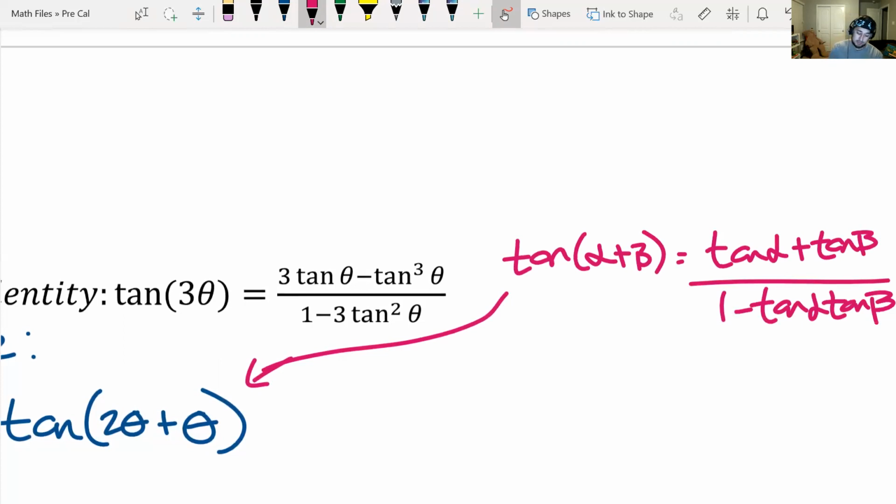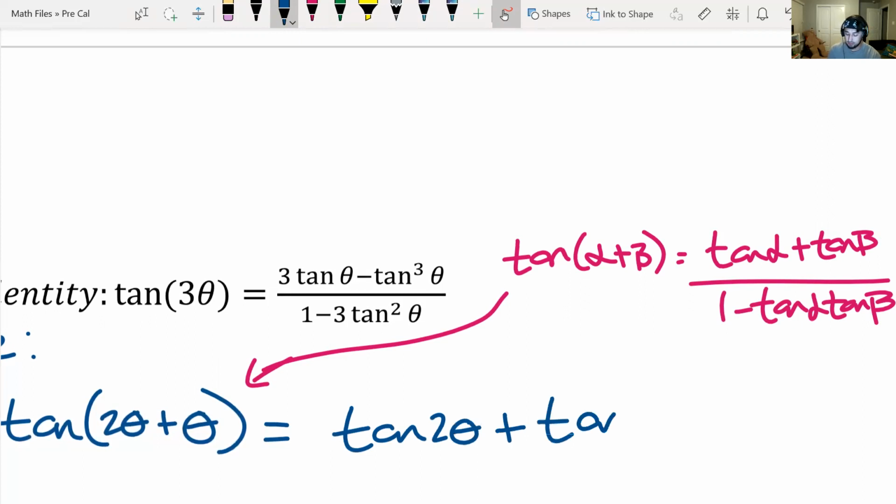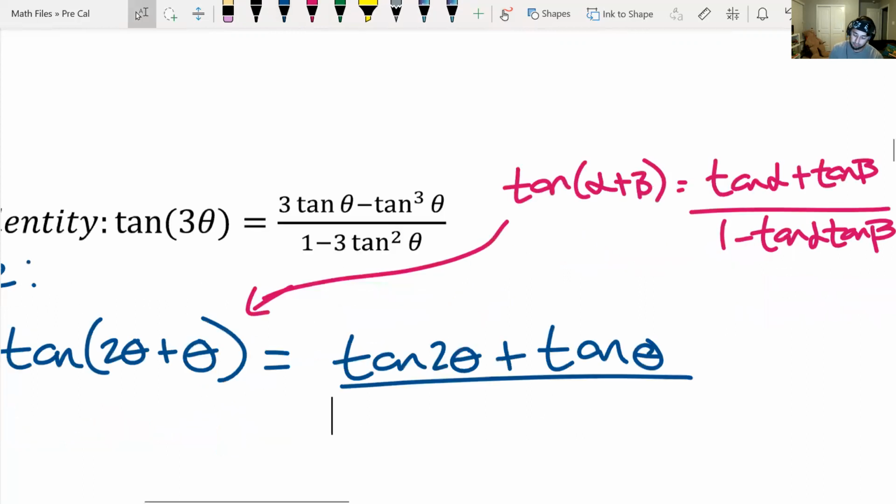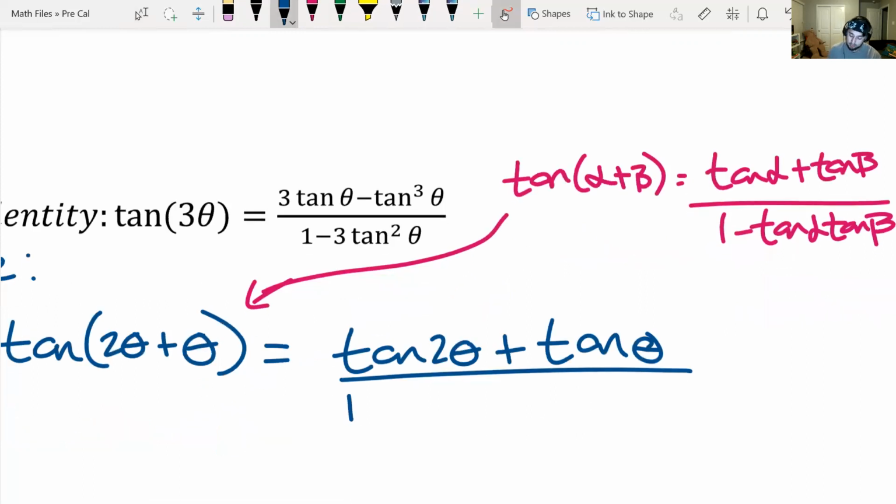All right, so that's the expansion, which means that this becomes tangent 2 theta plus tangent theta over 1 minus tangent 2 theta times tangent theta.